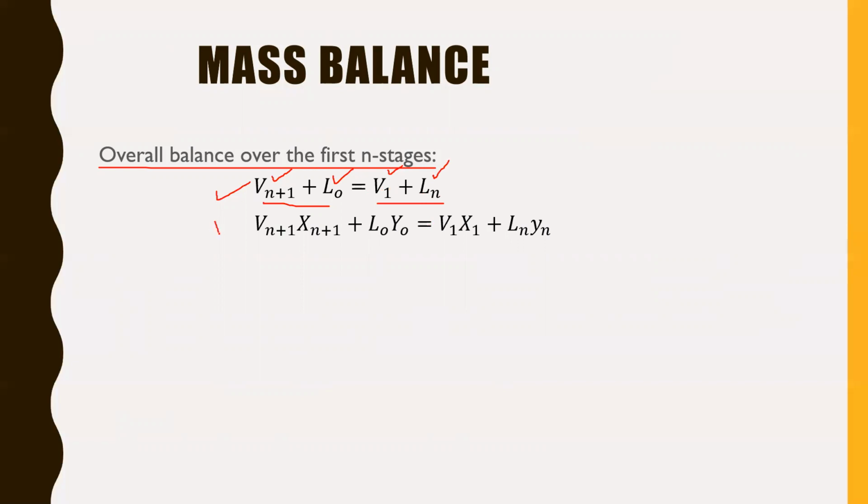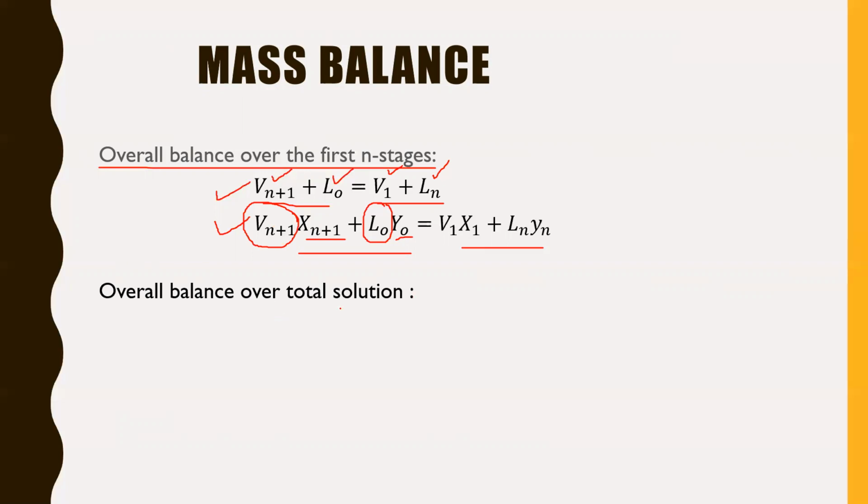And here we come to the component balance. As you know, X and Y are the compositions in the liquid and slurry stream respectively. Multiplying these two will give you a component balance for the input and the output.